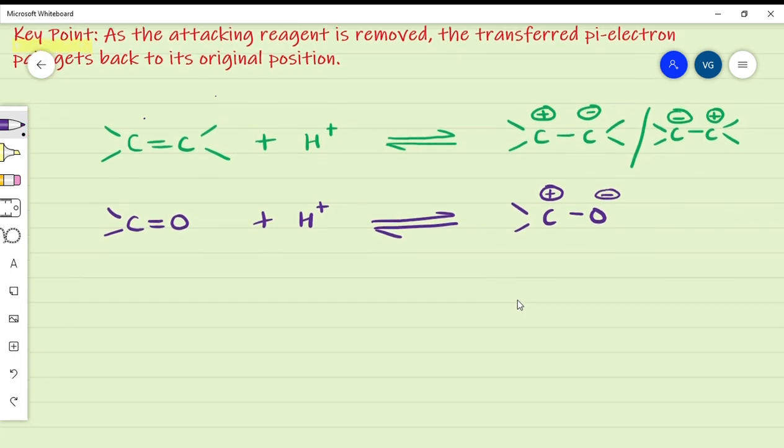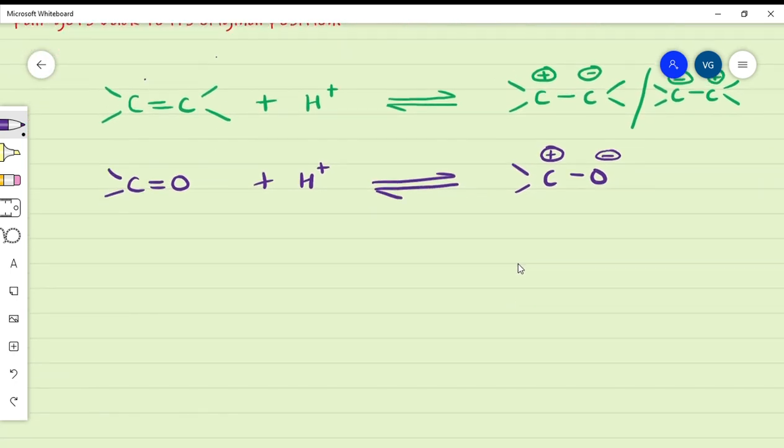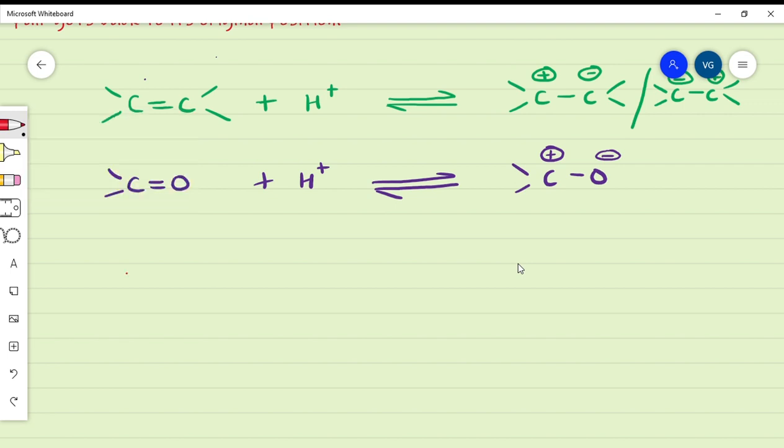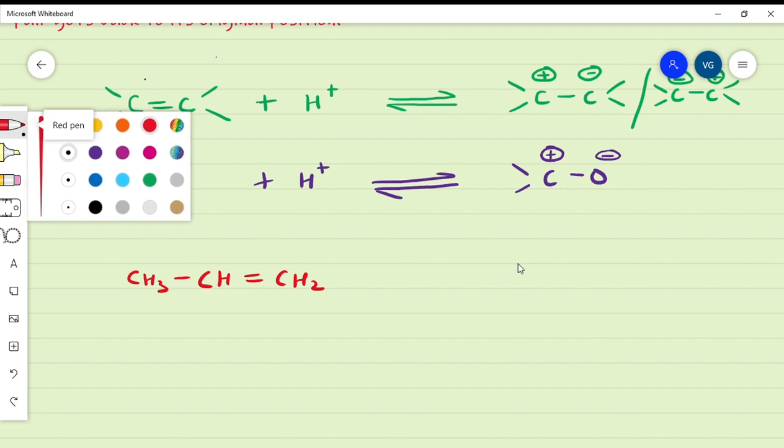Now let me tell you some other points of this electromagnetic effect. Inductive effect also helps in determining the direction of electromagnetic effect. So now I am going to discuss these points regarding inductive effect. How does it help the electromagnetic effect? Here I am taking the example of propene. So let me write the structure. It is CH3 CH=CH2. So propene has one CH3 group here.